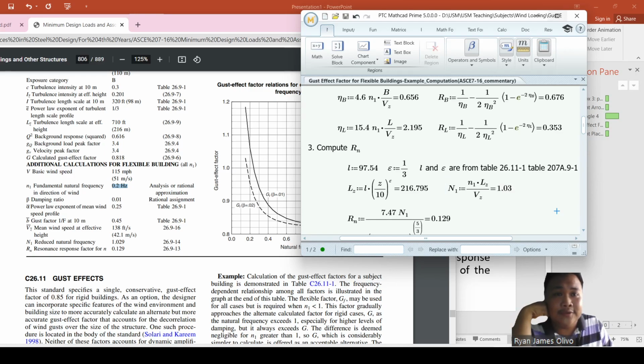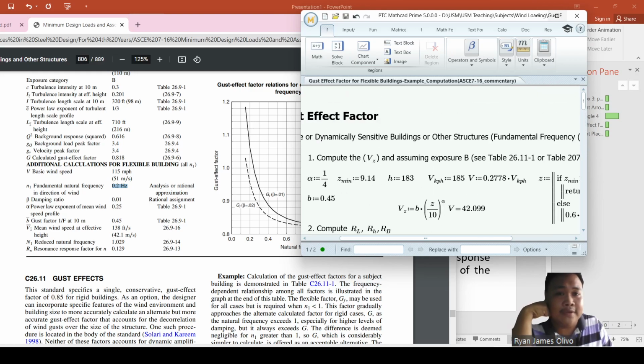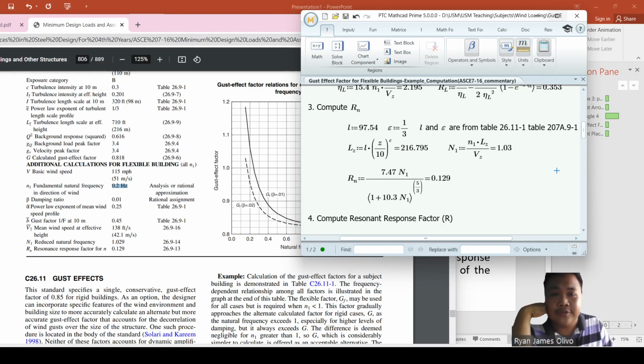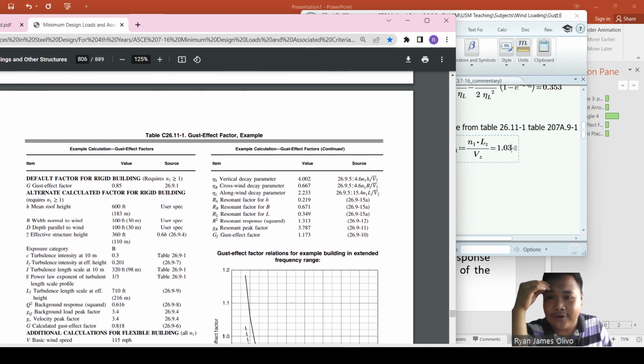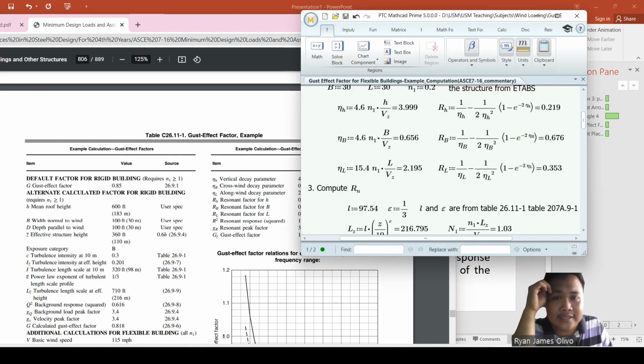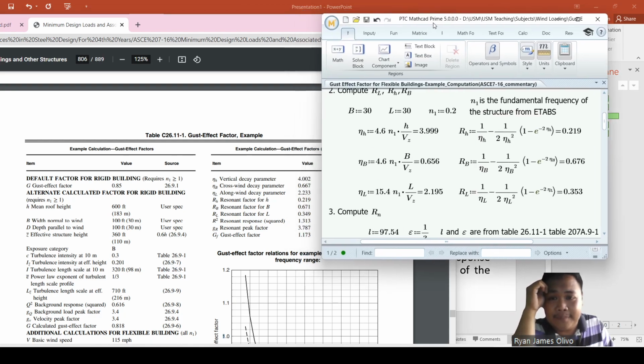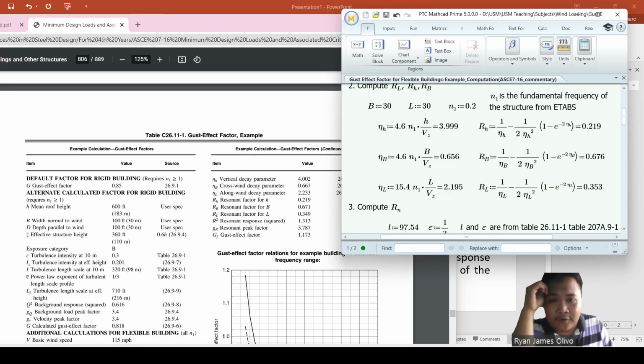Don't worry, I will give you a paper about this example calculation so you can create your own calculation. Our resonance response factor Rn is 0.129, exact. Our N1 is also exact, 1.029, 1.03. Our vertical decay parameter is 4.